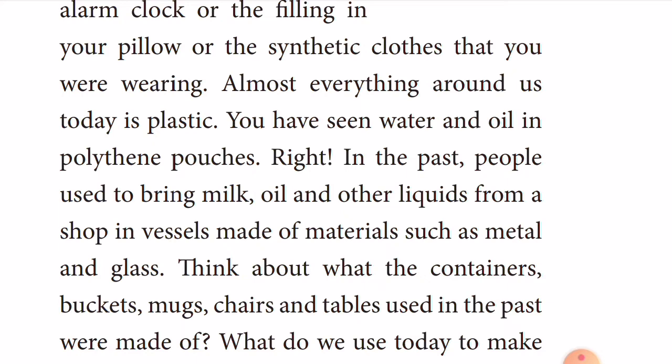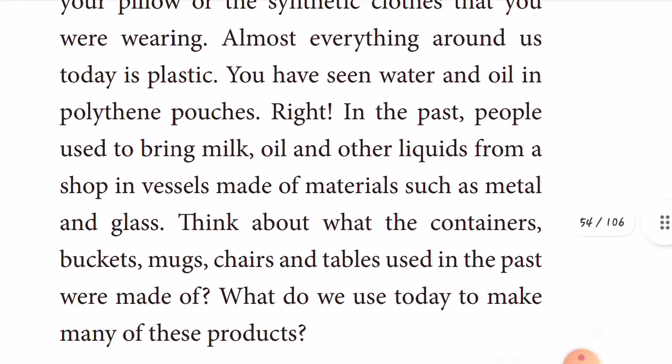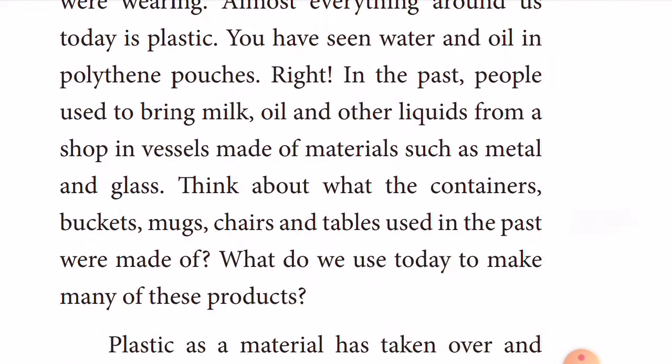Metals and glass. Children, just think about the containers, buckets, mugs, chairs and tables used in the past. They were made up of what, children? What do we use today to make many of these products?